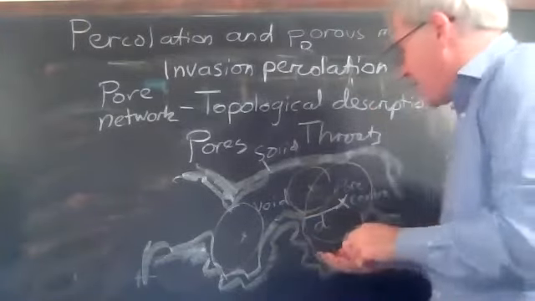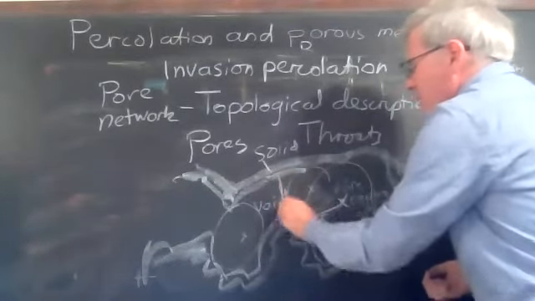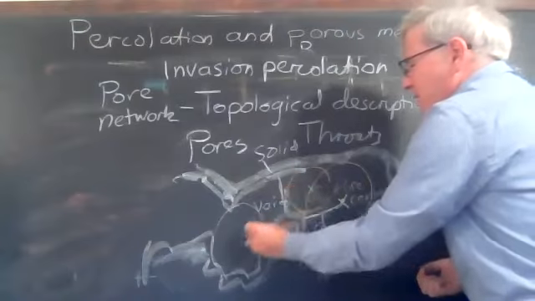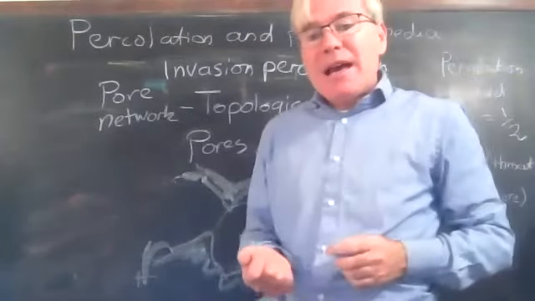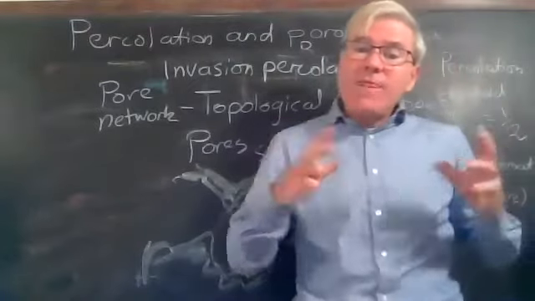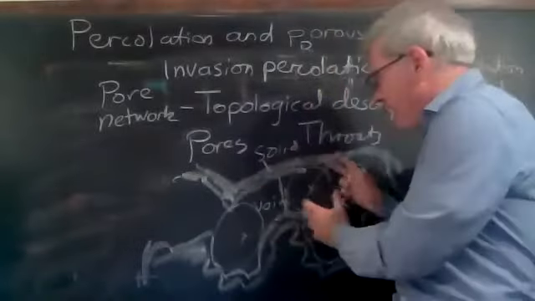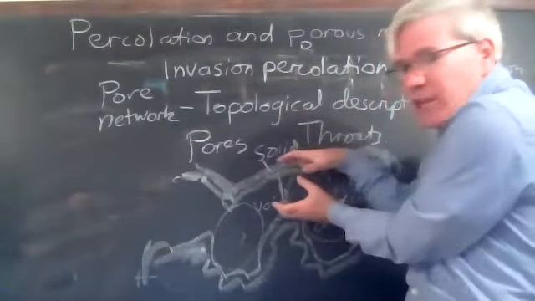So you can define a point at which you go from smaller and smaller spheres to bigger and bigger ones. And in fact, what you can do is you can find the largest sphere that you can fit. So you get a chain of the largest spheres.